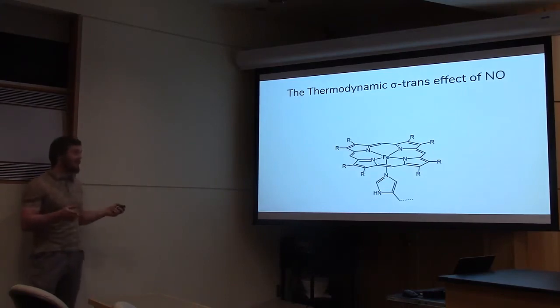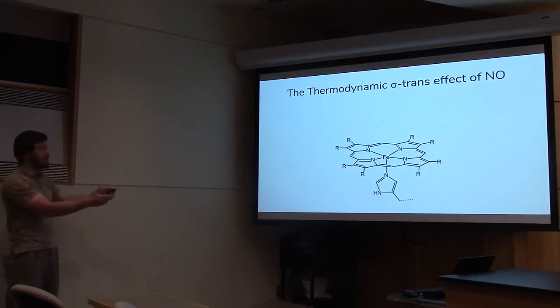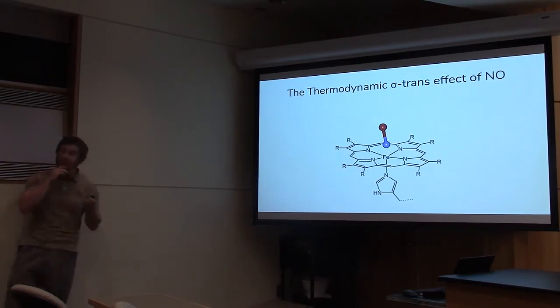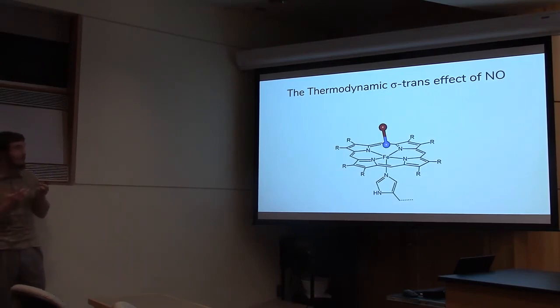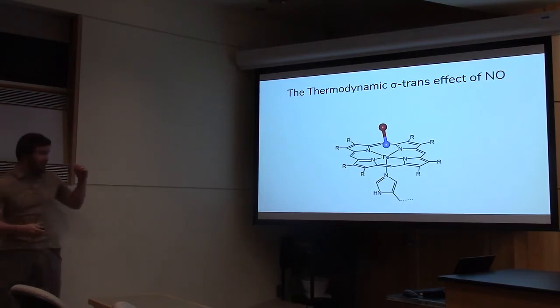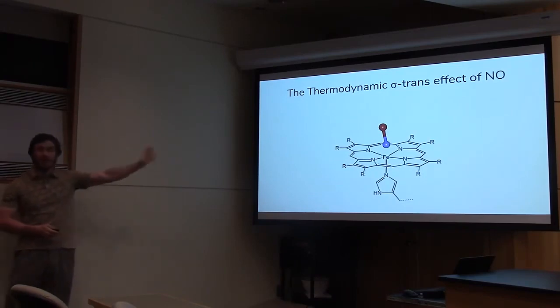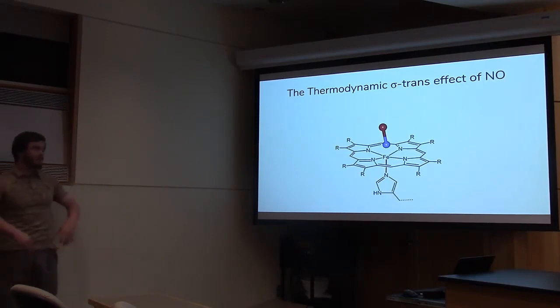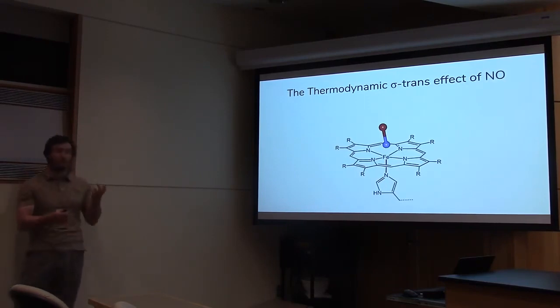When nitric oxide binds to molecules such as this one, it usually creates what is known as the thermodynamic trans effect, which is where the binding of that loosens up essentially the binding of the bottom molecule, and this essentially gives a little more leeway to the molecule as a whole to move around.